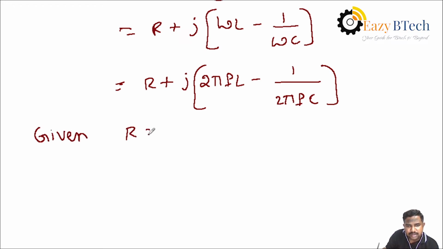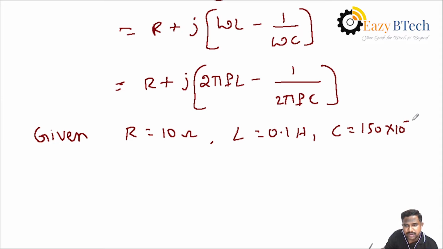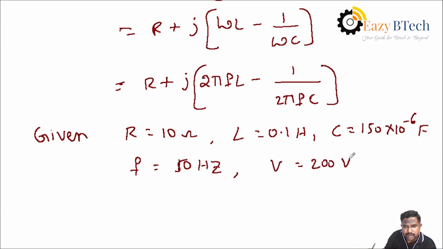R value is 10 ohms, L value is 0.1 Henry, C value is 150 into 10 power minus 6 Farad, and frequency is 50 Hz. Total voltage is 200 volts. Those values are given in this problem.